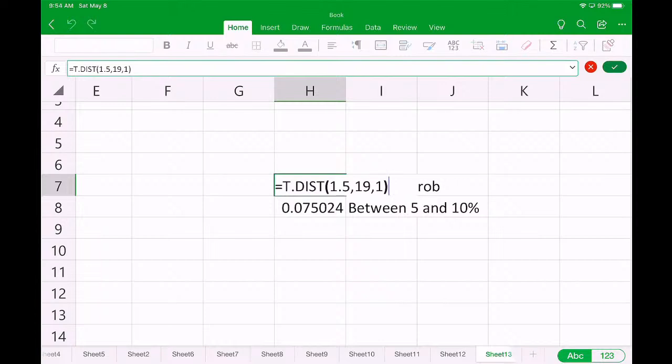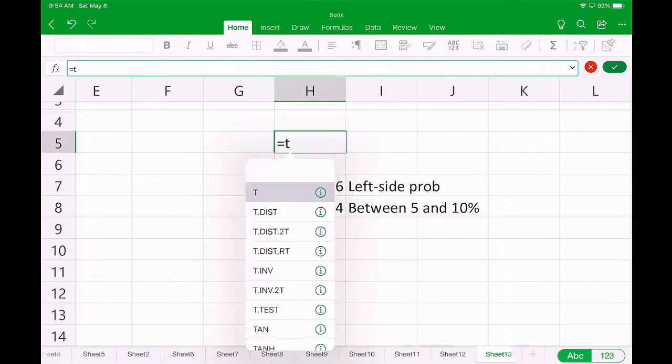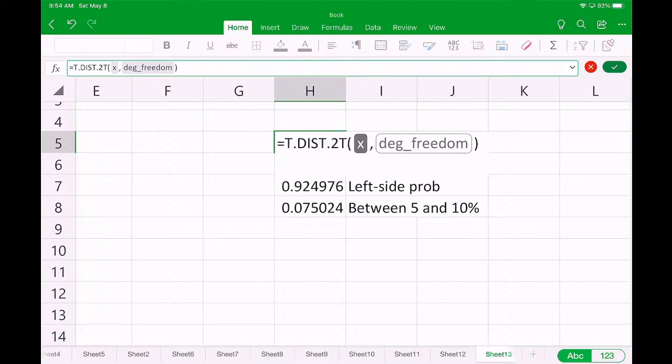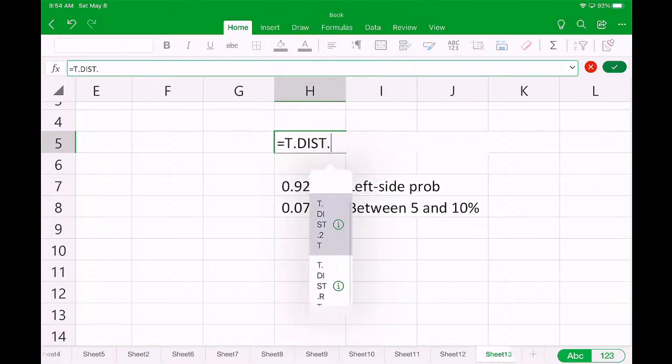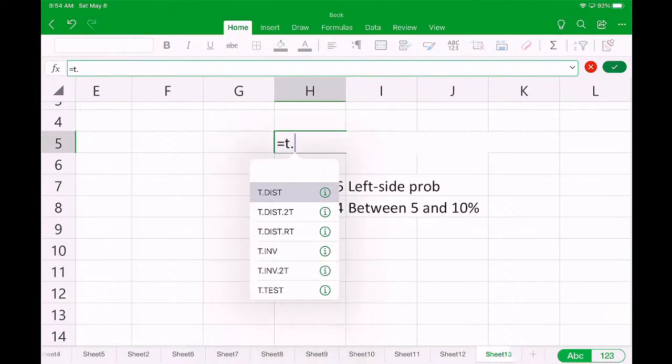Okay, so let's see if I do t. There's a bunch of options. There's different kinds of t distributions, but you want the t distribution. I wonder if this is for matched. No. It's not that one. Let me try this t distribution.